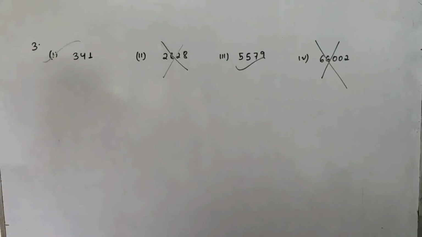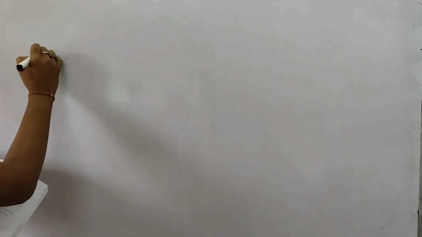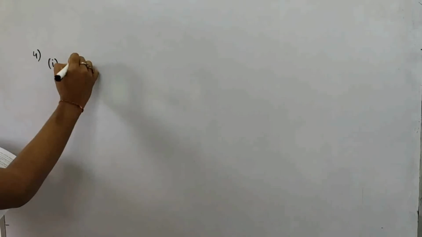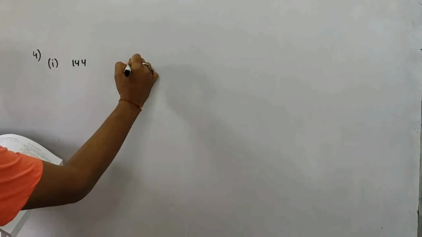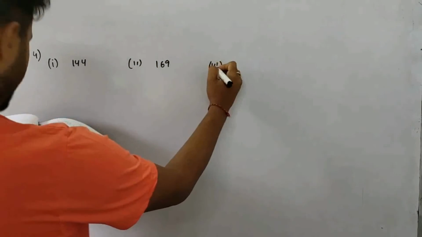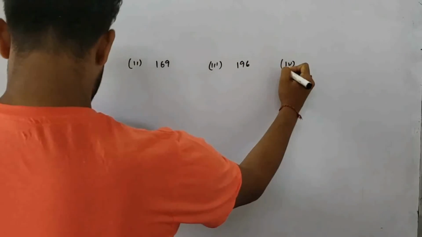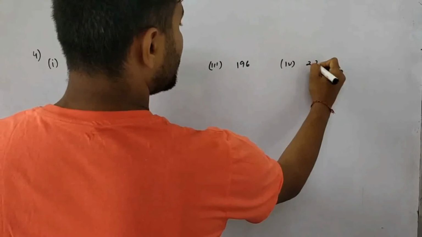Now let us do the next question. Question number 4: which of the following numbers are squares of even numbers? Number 1: 144. Number 2: 169. Number 3: 196. Number 4: 225.